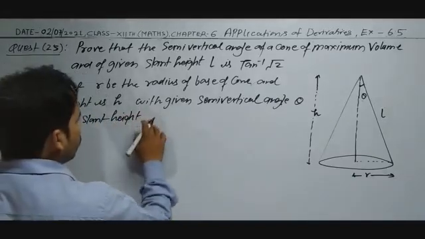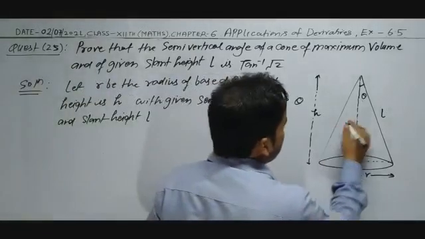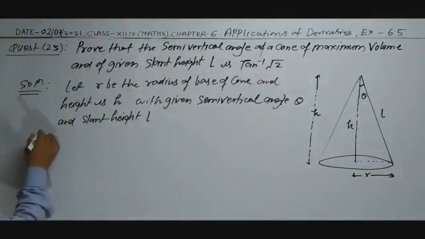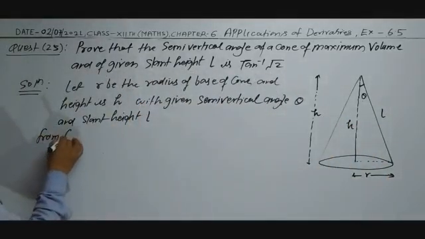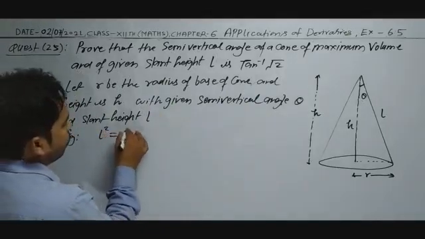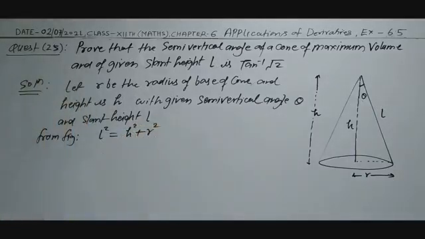Now, what is the relation between L, H and R? From the figure, L square will be equal to H square plus R square. This is the relation between L, H and R.